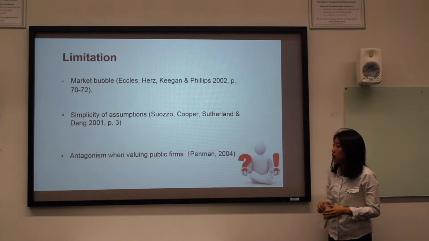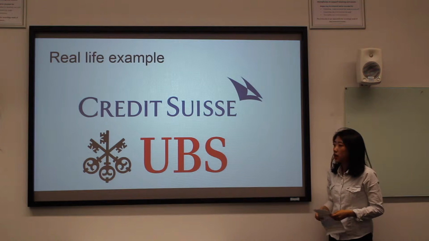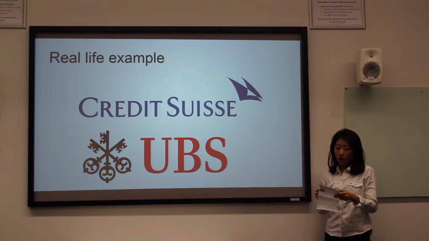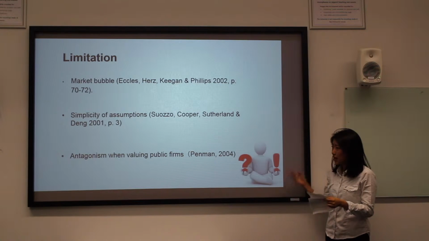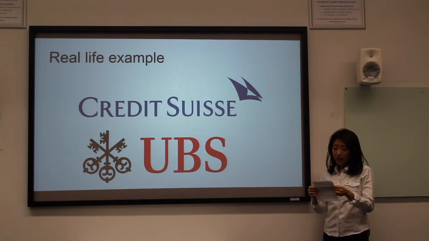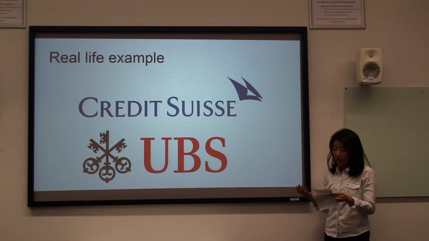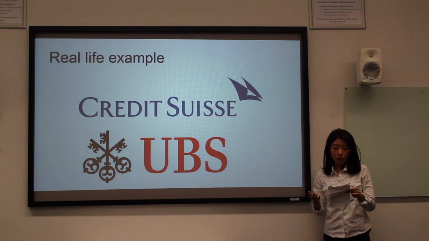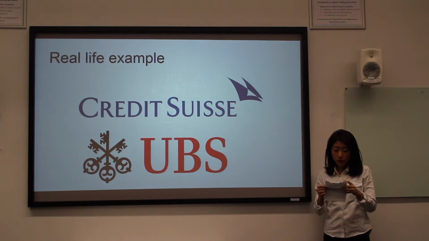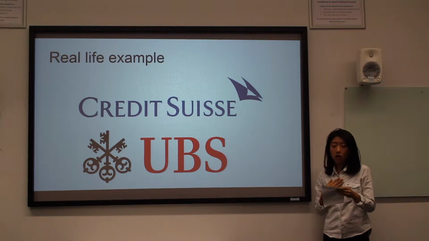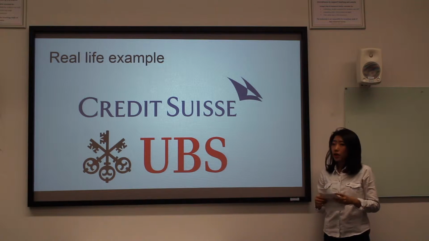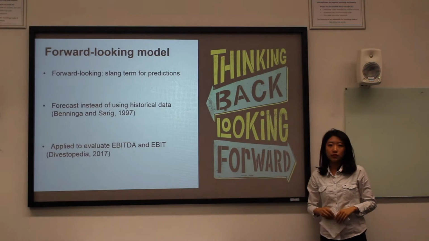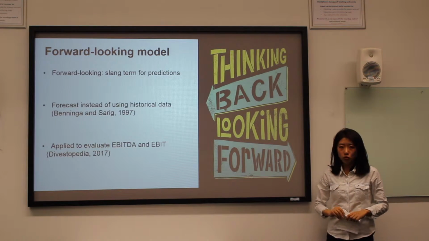The last one is a real-life example pointed out by Penman. If we want to estimate the fair value of UBS, in the first step Credit Suisse is absolutely part of the peer group, which tells us the fair value is not independent of the market values. So I will pass it to Seven to give us further models.